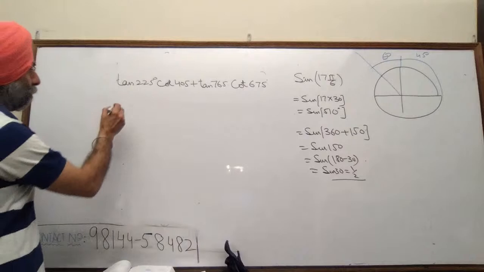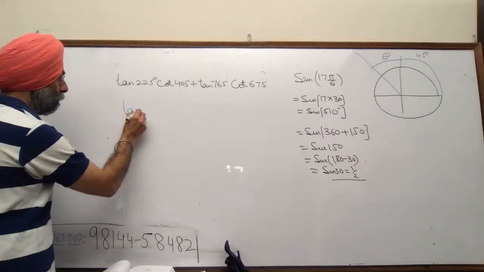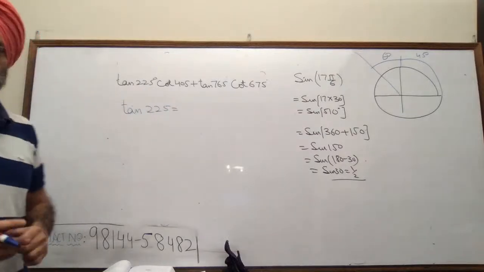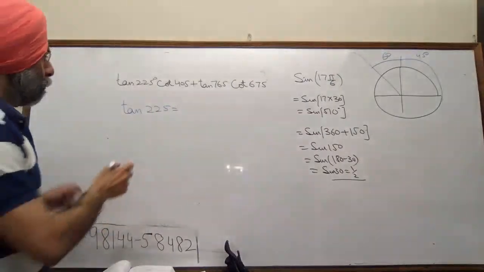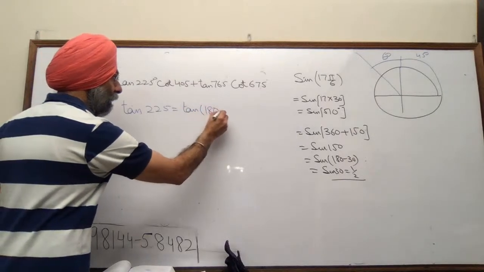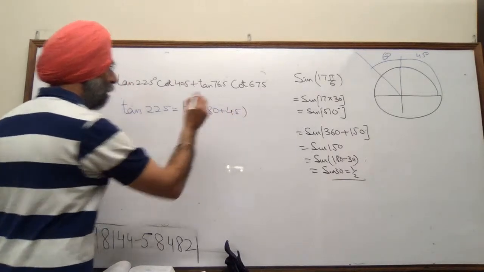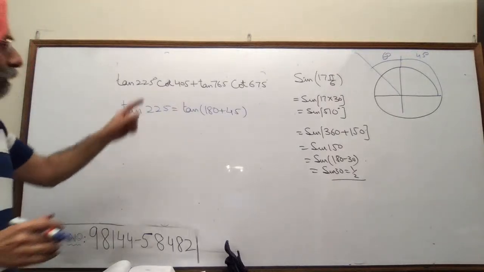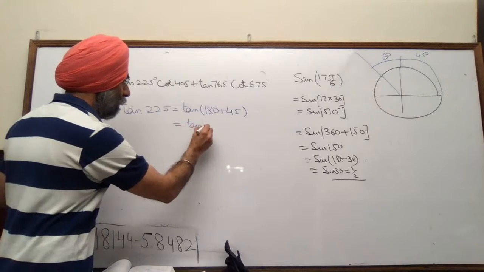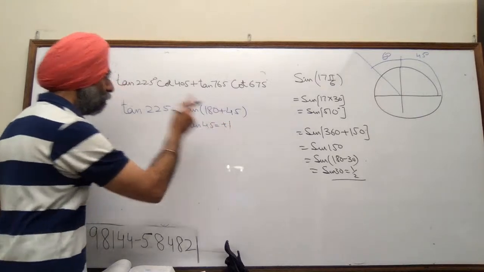Okay, so first, what is tan of 225 degrees? Tan of 225 degrees is tan of 180 plus 45 degrees. Tan of 180 plus theta is tan theta, so that means its value is positive 1.